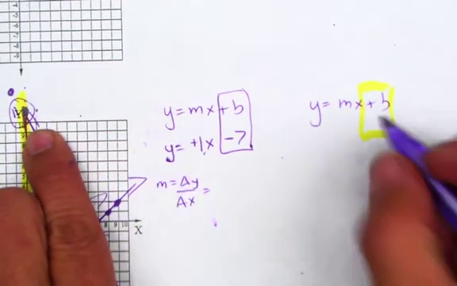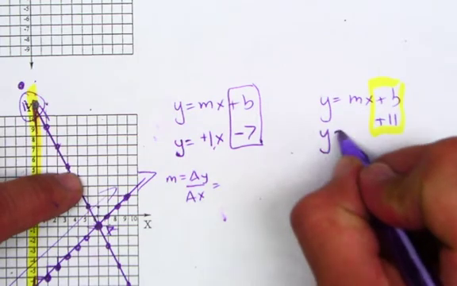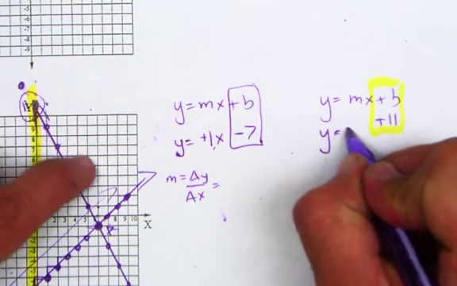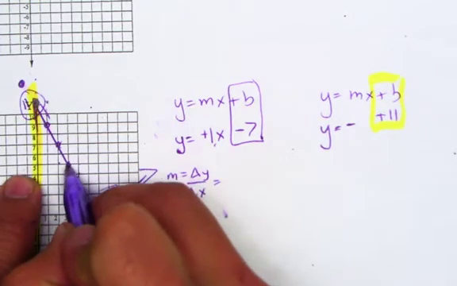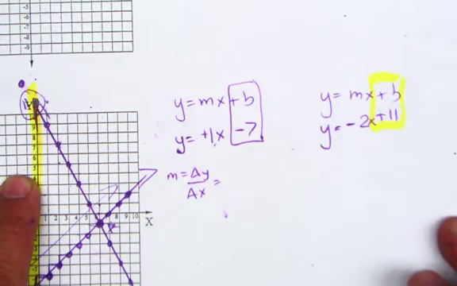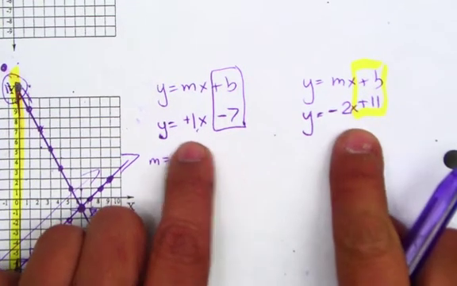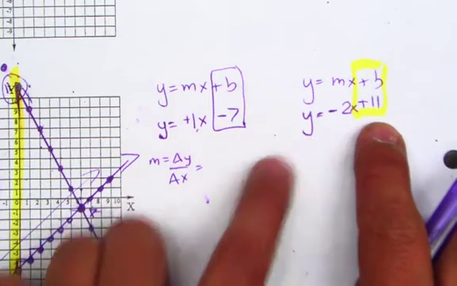Positive what? 11. And then remember, it's going down, correct? So my m's going to be what? Positive or negative? Negative. So then what is it going? 1, 2 over 1. 2 over 1 is 2. That's it. So there's my two equations. Y equals 1x minus 7. Y equals negative 2x plus 11.